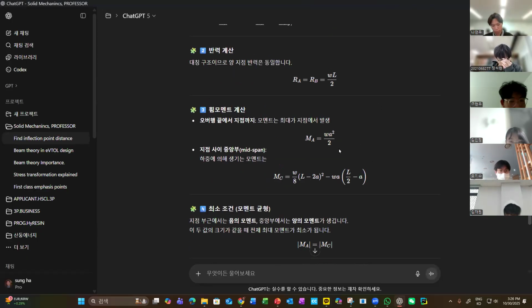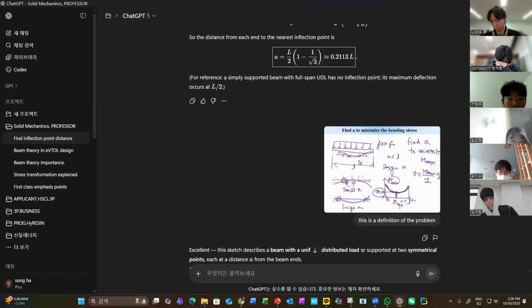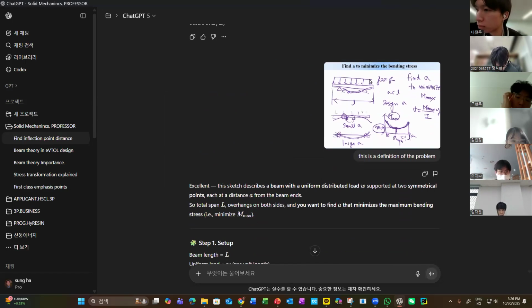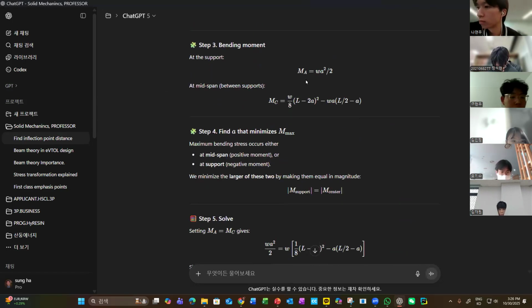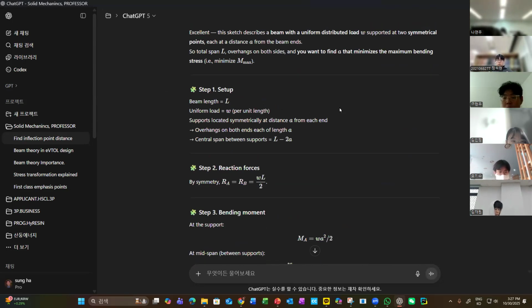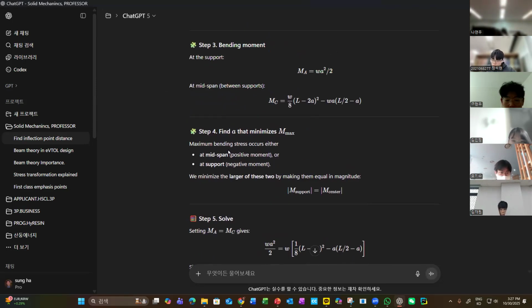Anyhow, the reaction force is important. The reactions are here and there. Since we know the total force, each reaction force will be half of the total force, right? And the mid span between the supports, middle span means here we have a moment, and we find the A that minimizes the maximum moment here.